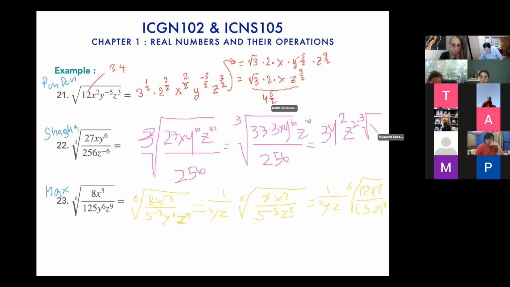Then I just rearrange it to be 2x times square root of 3z to the power of 3 over y to the power of 5.